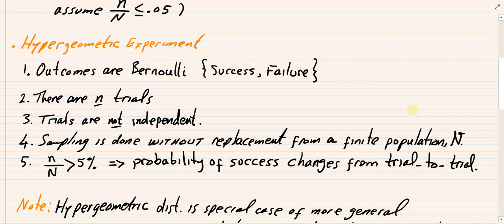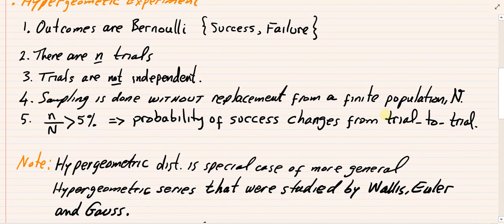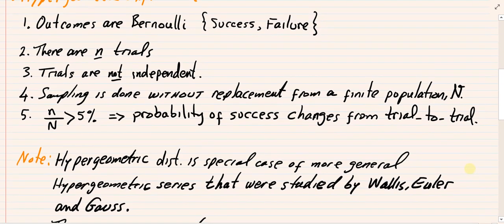Now, the term hypergeometric, where does that name come from? What does it mean? It has to do with the hypergeometric series or hypergeometric function. The hypergeometric distribution in probability is indeed a special case of a more general series called the hypergeometric series, which in the 19th century was studied by Euler and Gauss.